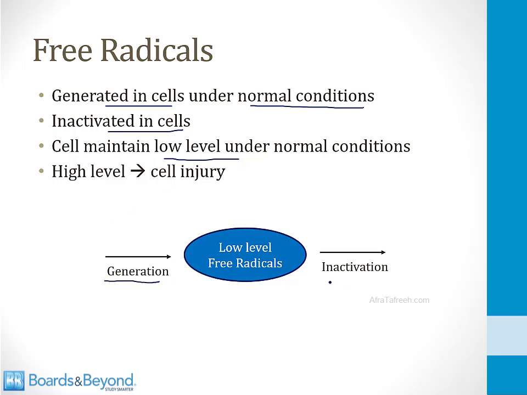There's some generation, there's some inactivation, and at any point in time, only a small amount of free radicals is present inside the cell. There are many pathologic processes, however, that lead to high levels of free radicals inside of cells, and this can lead to cell injury and death. And this is why free radicals are such a basic principle of pathology, because they underlie many different disease processes.